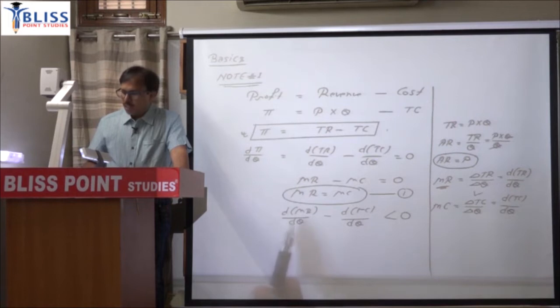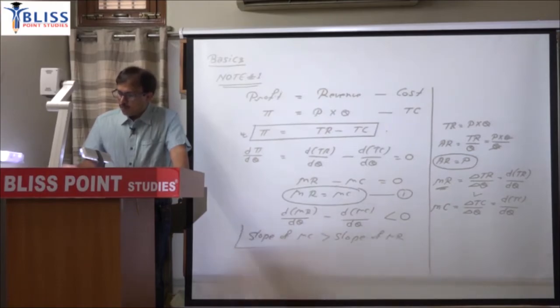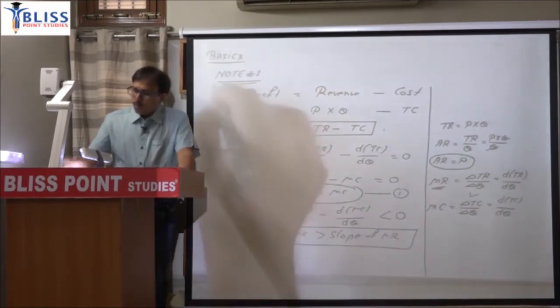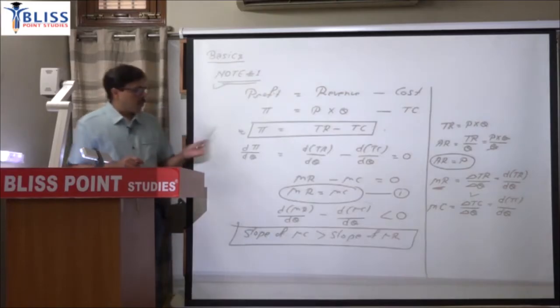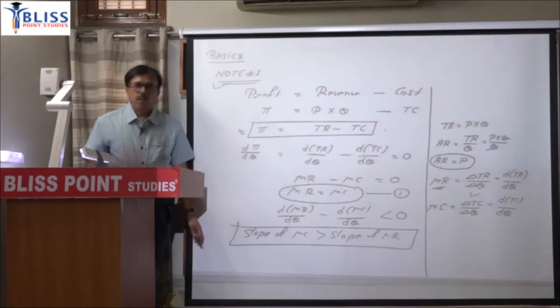So if the second condition says derivative of MR minus derivative of MC should be negative, मतलब ये negative वाला number greater होना चाहिए. So you write slope of MC should be greater than slope of marginal revenue. तो आपने ये नोट नंबर 1 लिखा है, बट इससे जो आपको कैरी फॉरवर्ड करना है कंसेप्ट, वो जो यहाँ बॉक्स में मैंने कर दिया वो लिखना है.